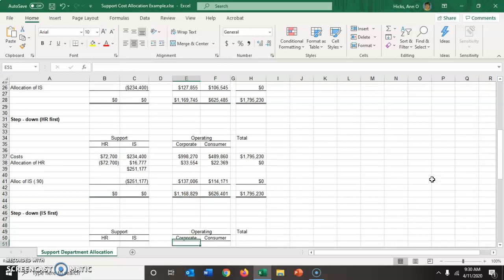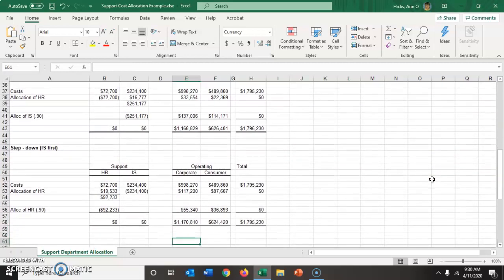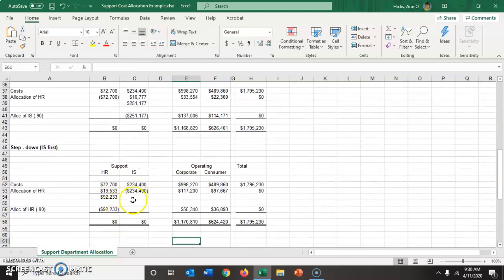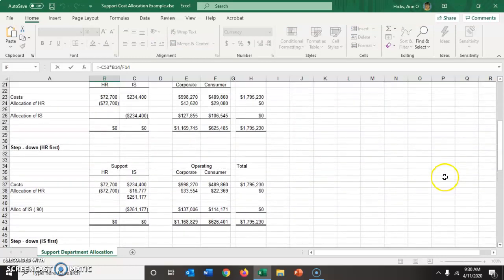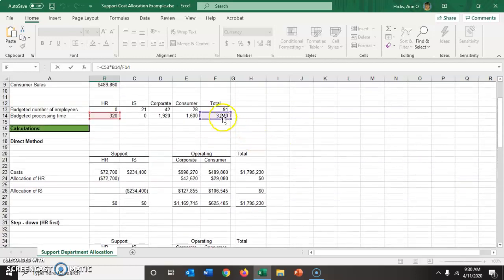Now, the second scenario here is I've just switched it and said, okay, now we're going to allocate information systems first. And so we will allocate that to HR, corporate, and consumer. So our formula will include as a denominator the full 3,840 hours of time that the information systems spent.